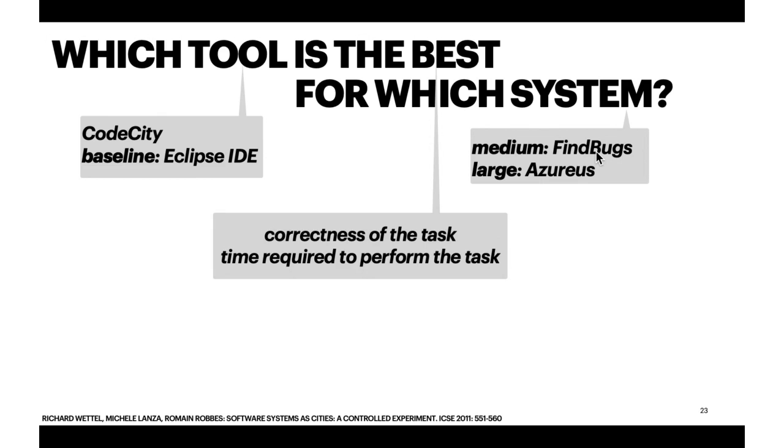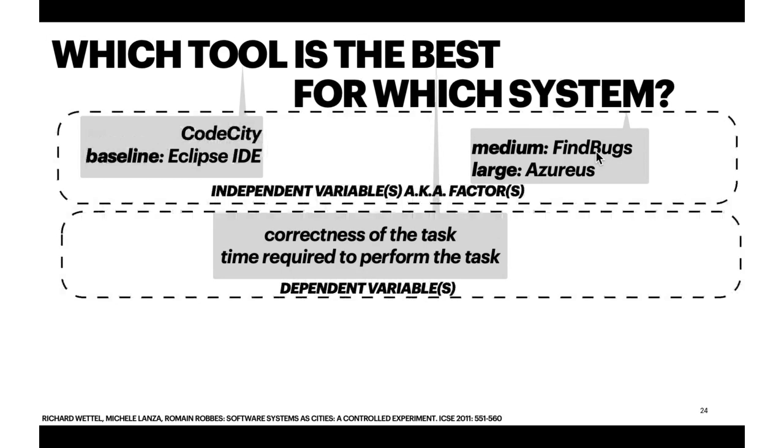And they have decided to involve human participants, give them a task or a series of programming tasks, and then to measure both the correctness of the task, for instance, presence of bugs or absence of bugs, and the time required to perform the task. And again, the choice of the tool and the choice of the system are our independent variables.